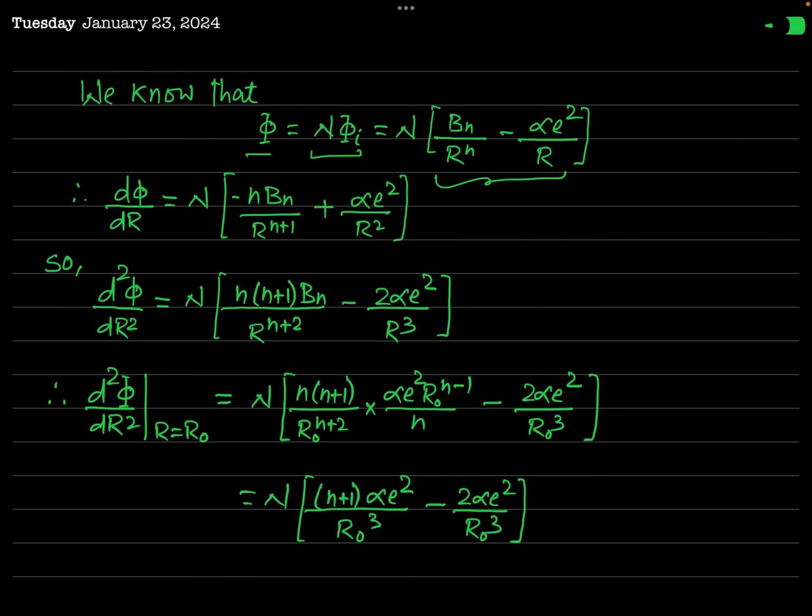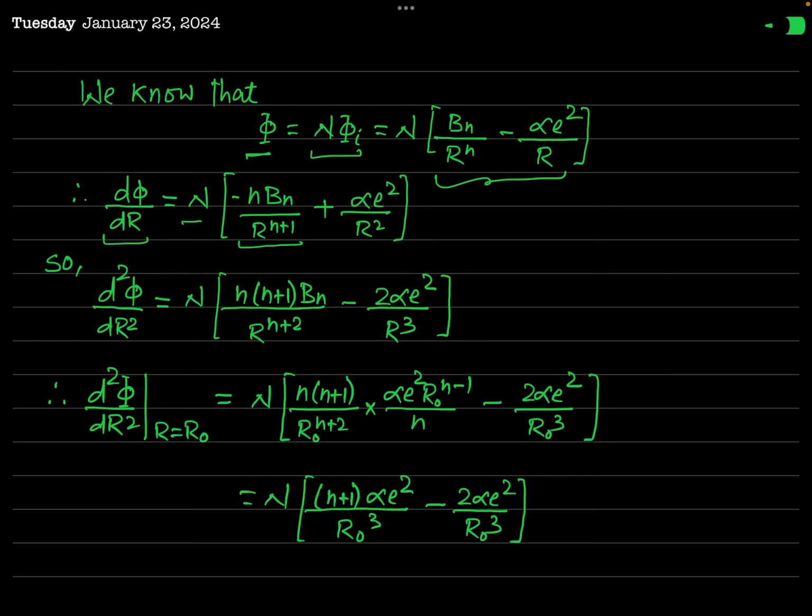So you must differentiate this phi with respect to r. What will be this d phi by dr? You can see n is outside, and in the first term inside the square bracket, you have to differentiate 1 over r to the power n. The derivative of 1 over r to the power n is minus n over r to the power n plus 1.